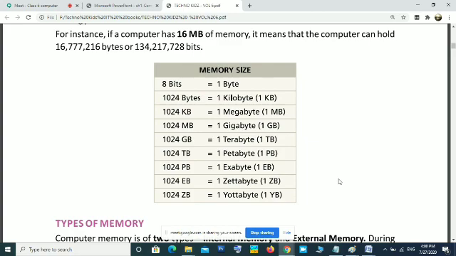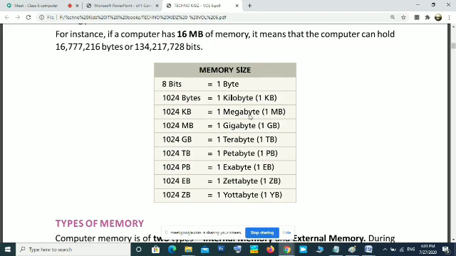Graphics is internal memory, not external memory. Graphics also will be decided. Now only 1 GB, 2 GB graphics are coming. After a few years it will be outdated. Few years back, 128 or 256 MB graphics were available, but nowadays that is not available.